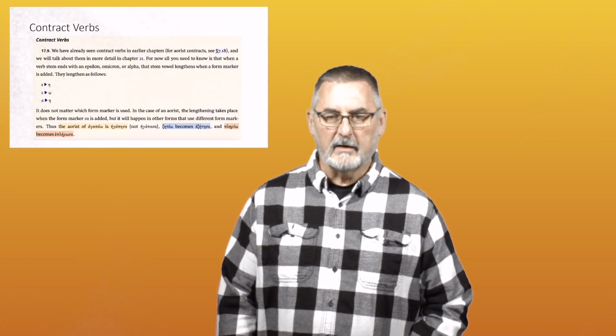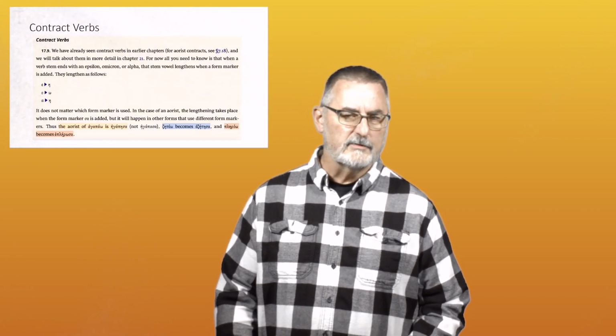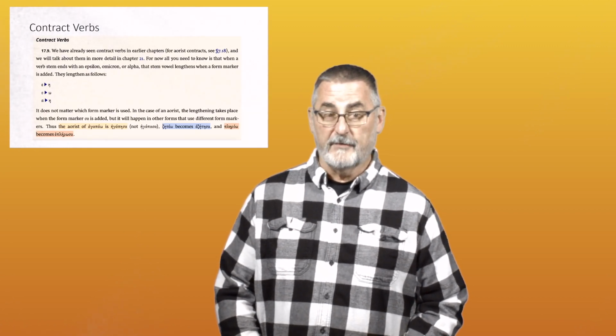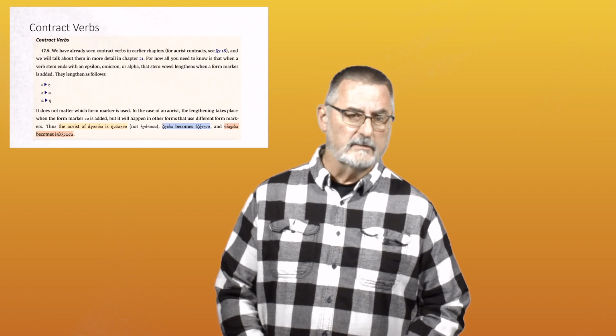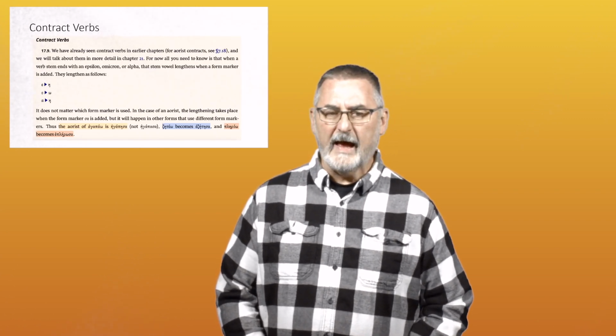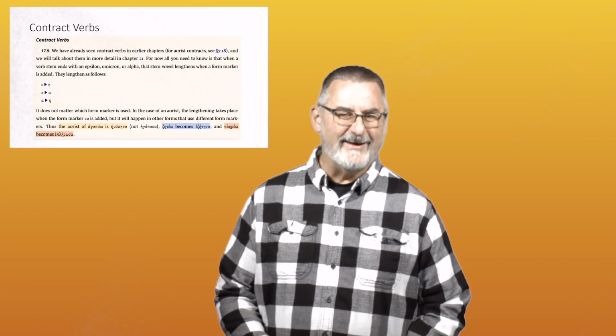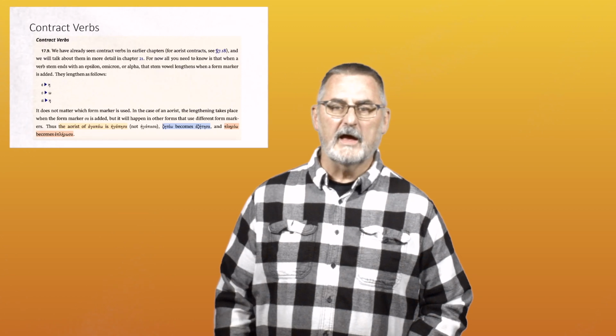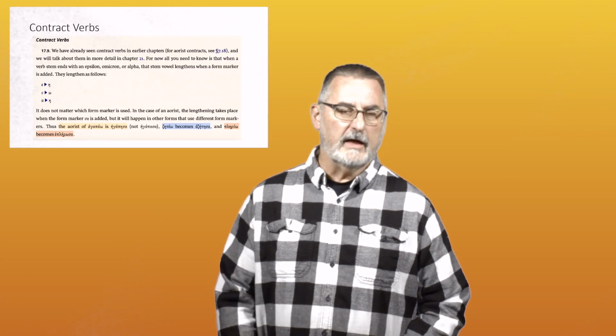And then when we have contract verbs, those would be verbs whose stem ends in a vowel that's either epsilon, omicron, or alpha. Generally what happens with those verbs is that contract vowel will be lengthened before we add the sigma alpha and our endings.